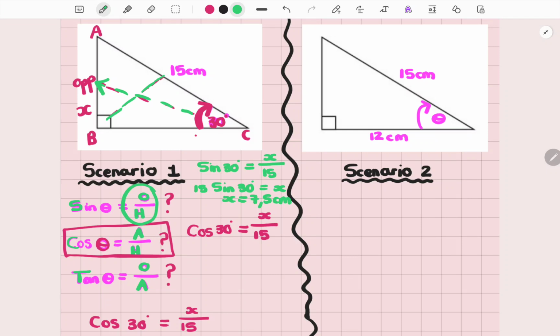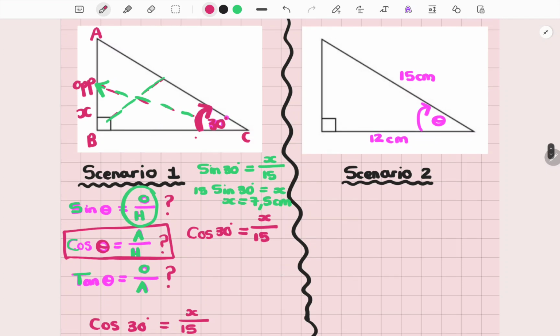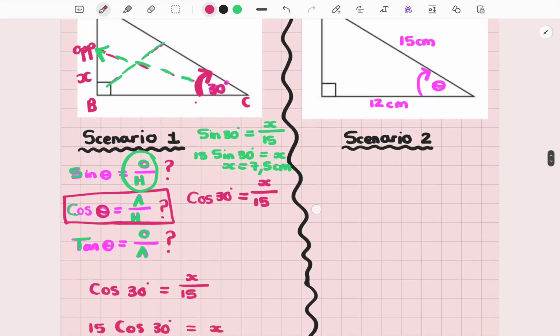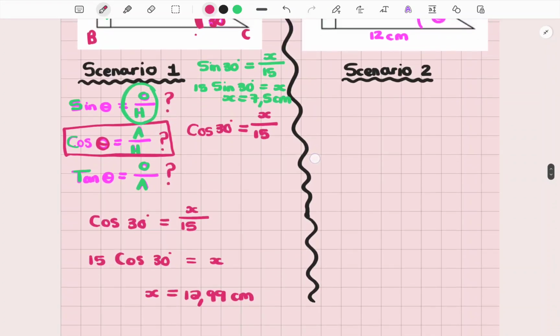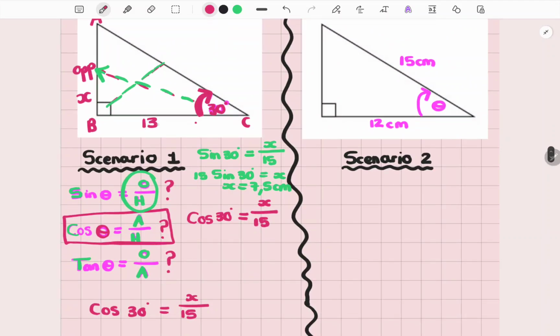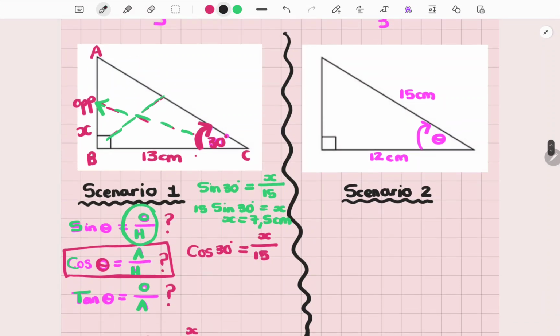Now let's have a look. I'm going to take away the 15 because I just want to show you the maths behind it. Let's say this opposite side over here is 13, and we are still looking for x over there.